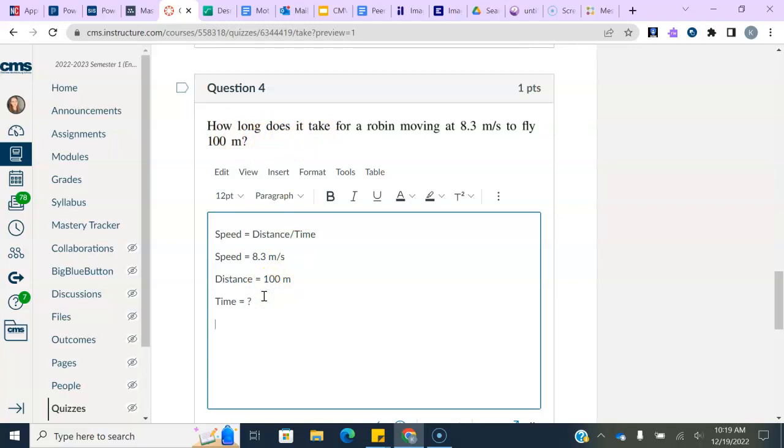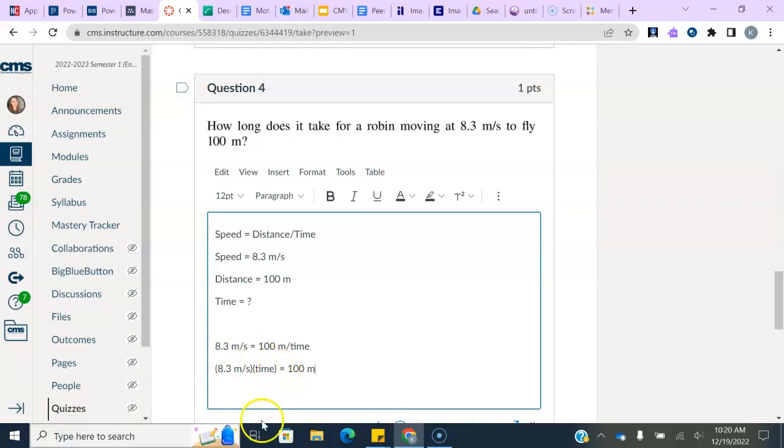Okay, so now let's plug it in. Our speed, 8.3 meters per second, is equal to distance, which is 100 meters, over time. Now again, we have to solve for time, so we're going to have to set this up as an algebra problem. So we'll do 8.3 meters per second times the time is equal to 100 meters.